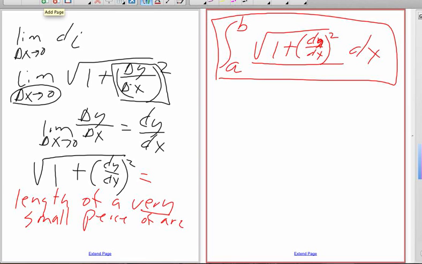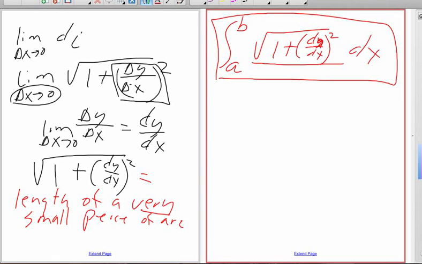Then to get the total, we integrate all these little bitty small pieces, an infinite number of them. And that's where our integral comes in. And this is the formula for arc length. Okay.